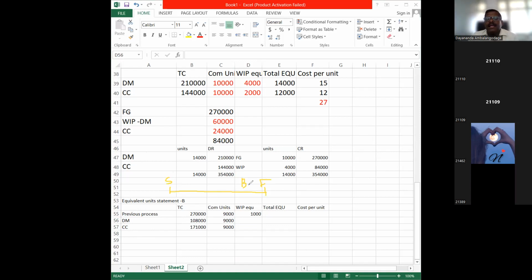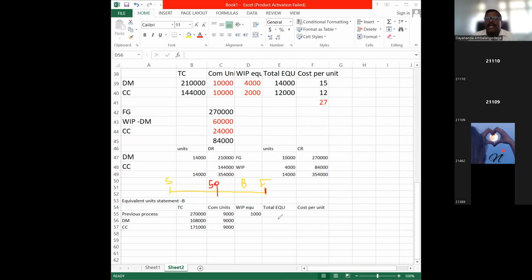But with regard to the direct material, that is inserted not at the starting point but at the finish. Your conversion WIP is completed only 50%. So material is not being added, right?